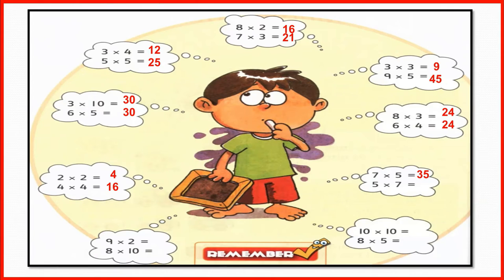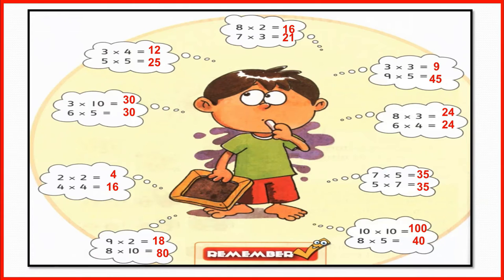And 5 7s are? 35. 9 2s are? 18. 10 8s are? 80. 10 10s are? 100. And 10 5s are? 50.